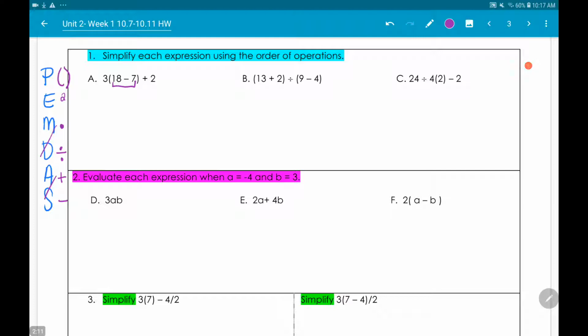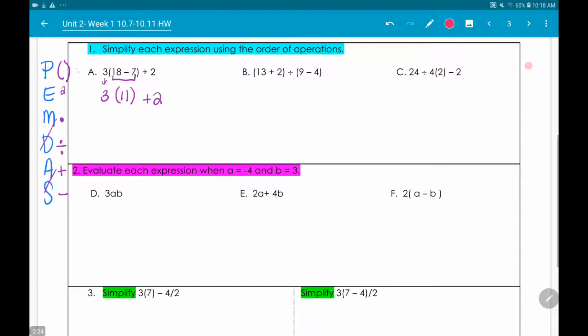So 18 minus 7 is 11. And I'm going to bring down everything else. All right, so that was my parenthesis. Are there any exponents? No, so I don't need to do that. Now I multiply.